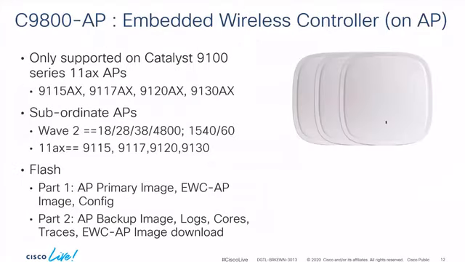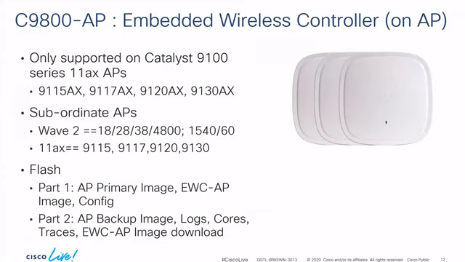The last hardware architecture we have is where we deploy the embedded wireless controller on the access point. Primarily, this is an access point, so all the hardware and the data plane is supplied by the access point itself. This is only supported on the 9100 series access points.